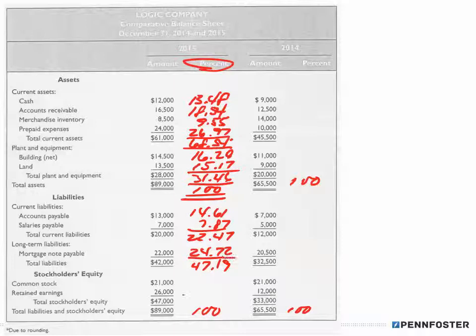You round up or round down as required. So this is 23.60, 29.21. Draw an underline there. 52.81. Draw an underline there. And that gives me 100% right there, and that gets a double underline because that's my total liabilities and owner's equity. And that's strictly for 2015.